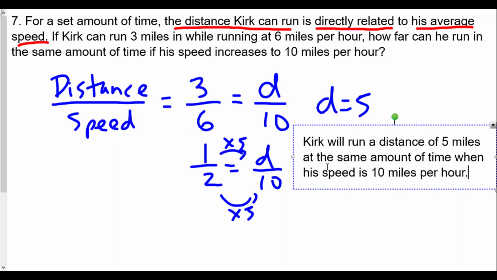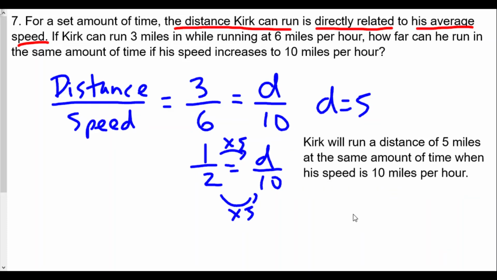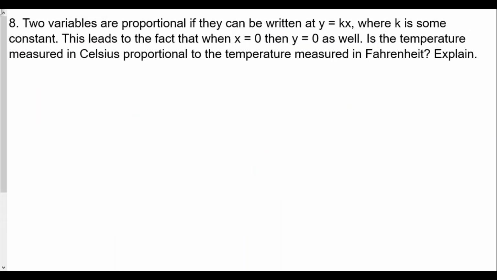All right, because that's what they're asking for: how far can he run if he's traveling the same amount of time but increases his speed to 10 miles an hour? Okay. All right, and now question number 8.